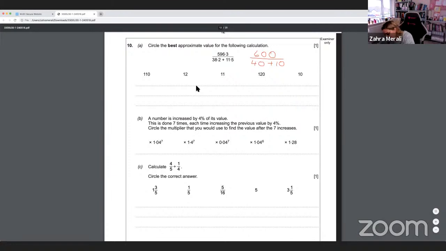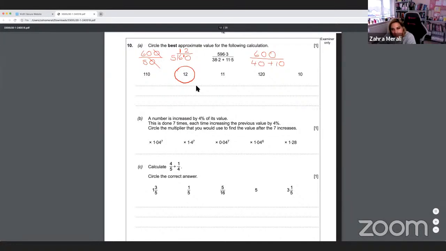Right, so I get 600 over 50. Cancel those out. 60 divided by 5 gives me, what does 60 divided by 5 be? Well, if you're not sure, you can do a division. It gives you 12. So your approximation would be 12.